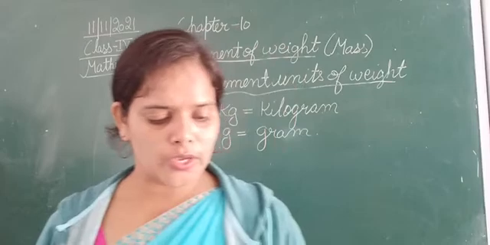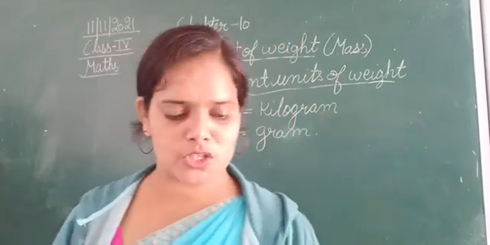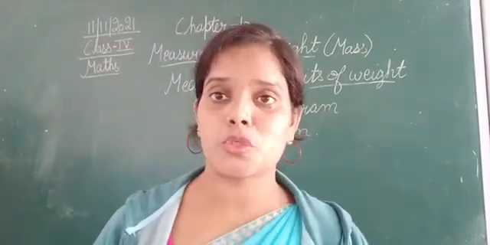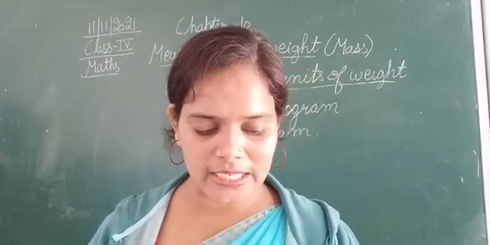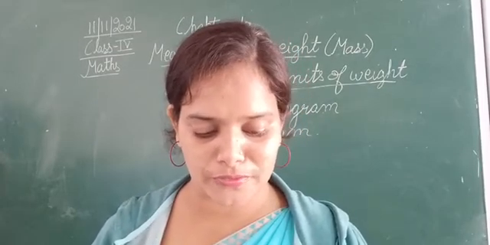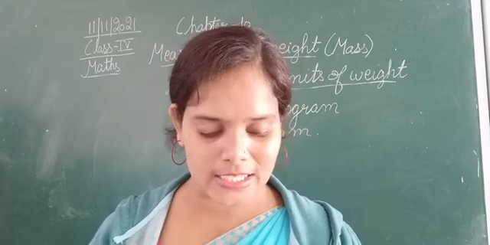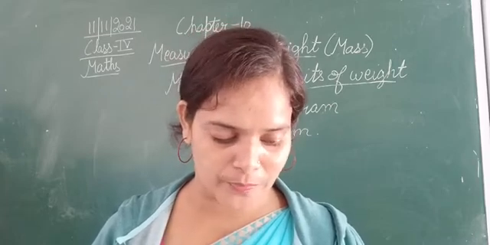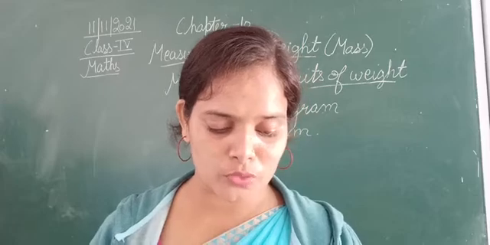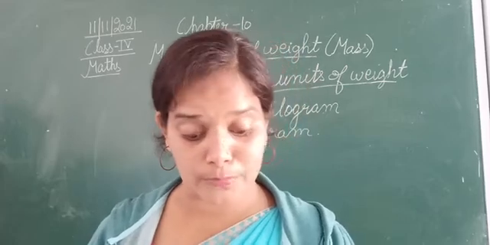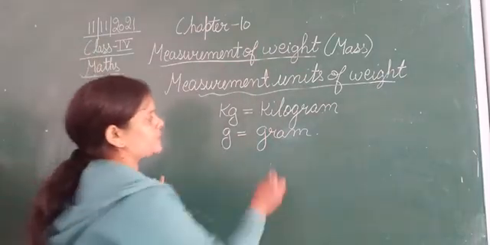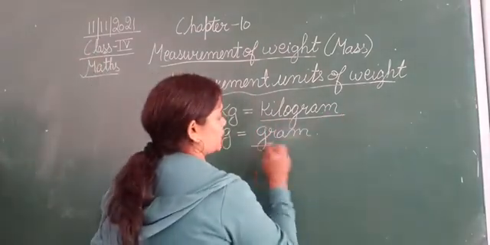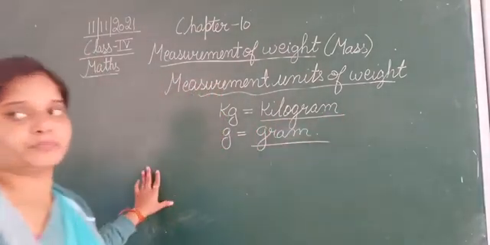Okay, so here first of all let's begin with the topic. On page number 12 you can see it is given. We have learned in the earlier classes that the standard unit of weight or mass is kilogram, that is kg. We use kilogram to weigh heavy things and use gram to weigh the lighter ones.